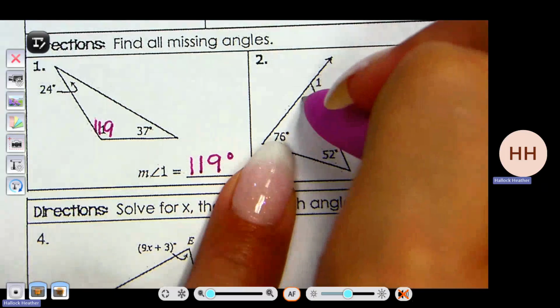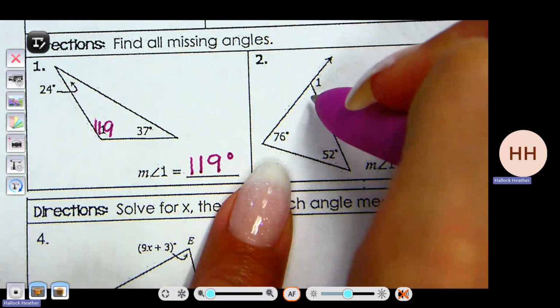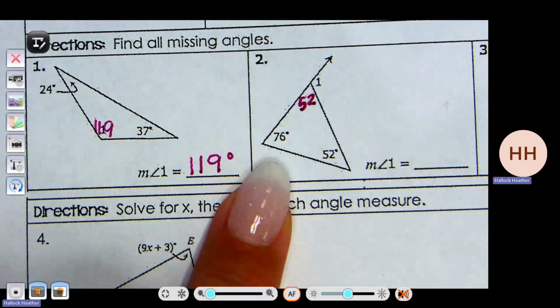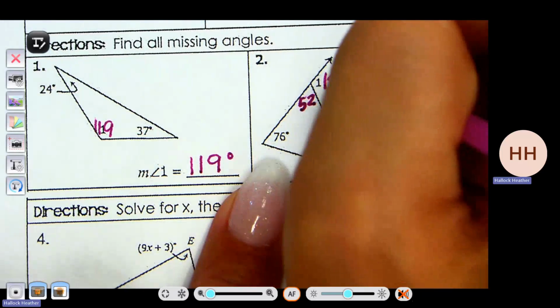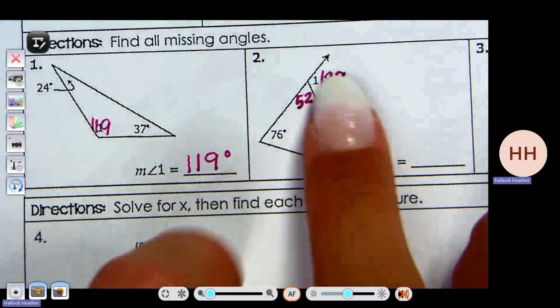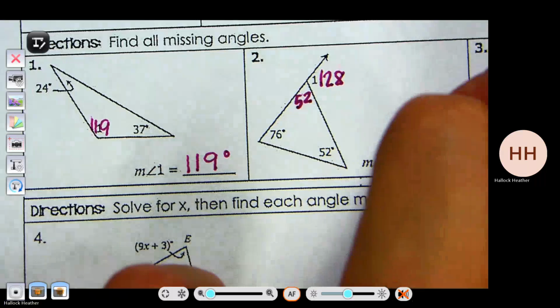So 52 would go, did you add and then subtract from 180? So that's here. So how do you find the angle next to 52? 128, you minus it from 180. Or you could have just added these and you would have got 128, or you can add, subtract from 180 and then subtract from 180 again.